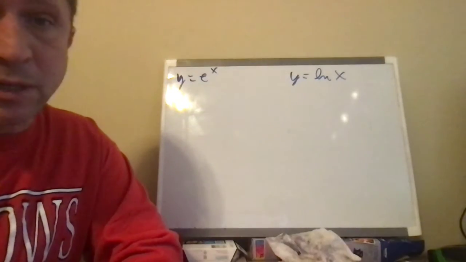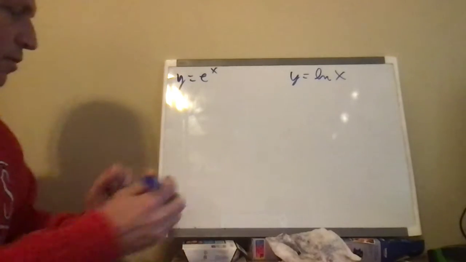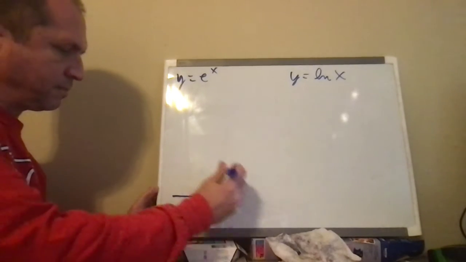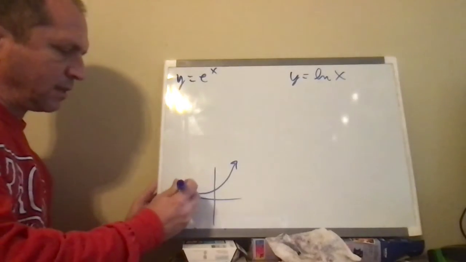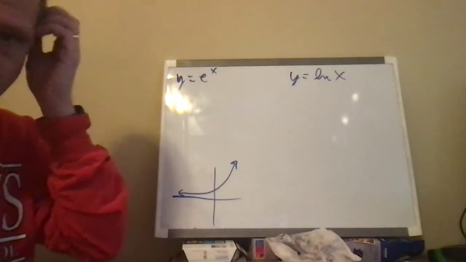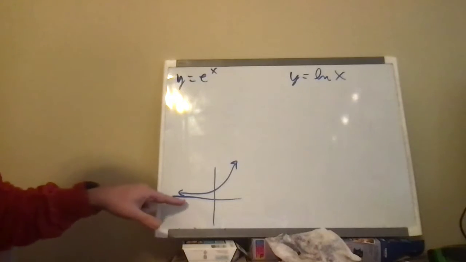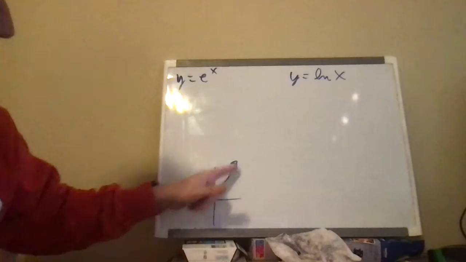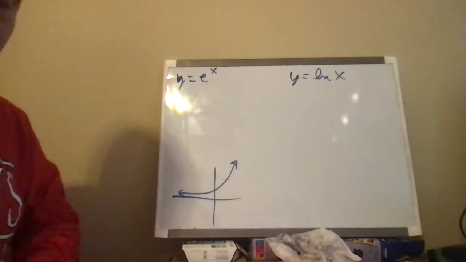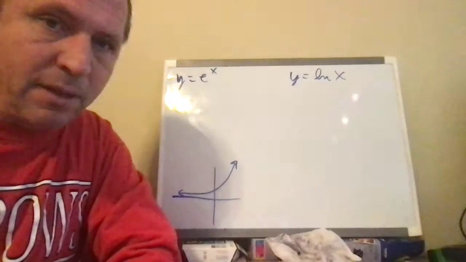For y equals e to the x, if you graph y equals e to the x, the graph goes like this. Notice how this graph is always increasing, going from left to right. It increases at a slow rate here, and then at a steeper rate the farther we go to the right.